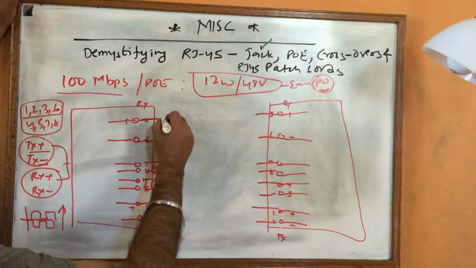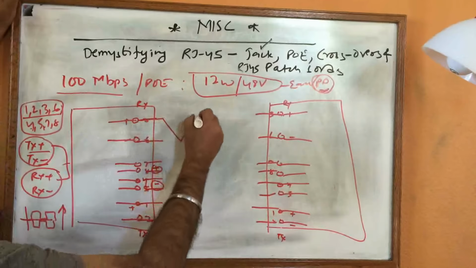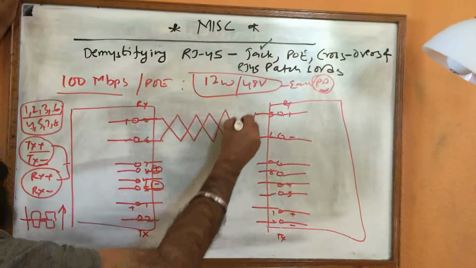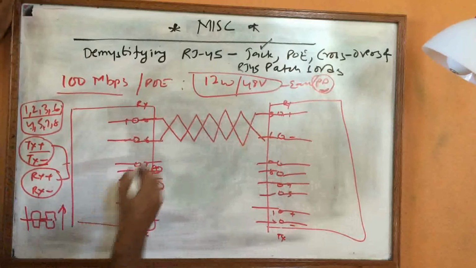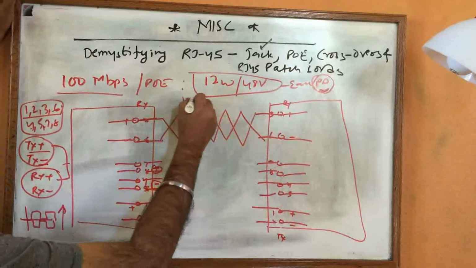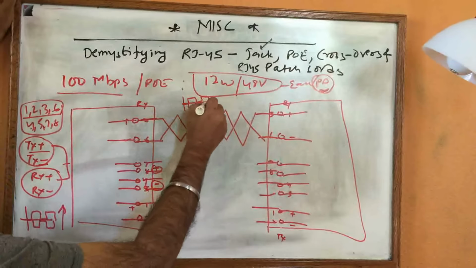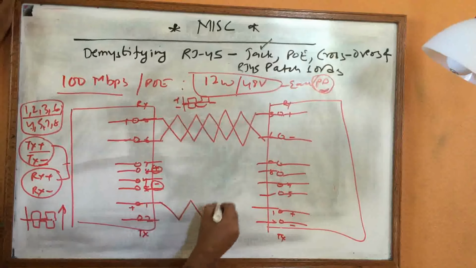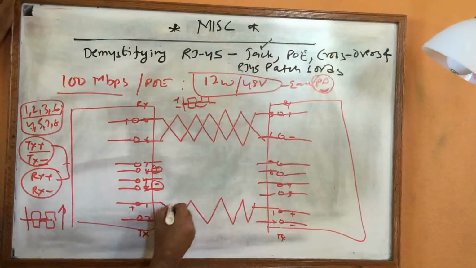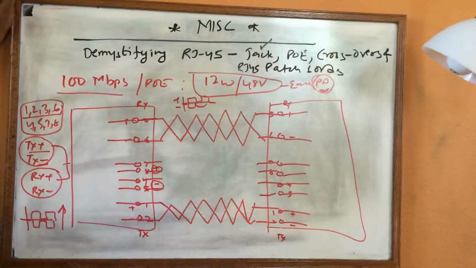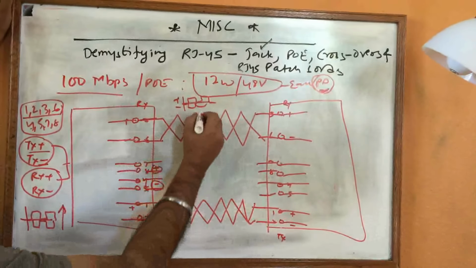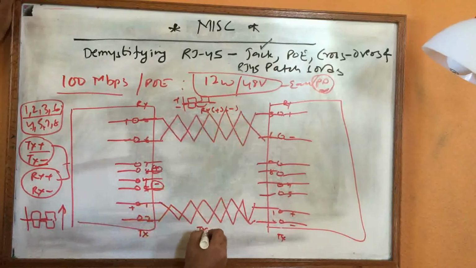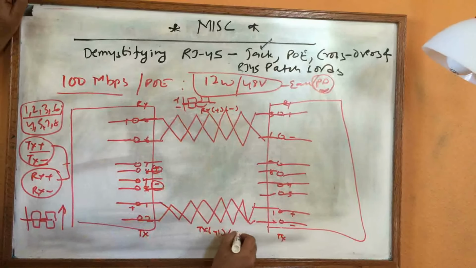This one we are going to do like this for a reason, okay? Which means the same thing, it's a mirror image of the same thing, right? So positive, negative, right? Here also we are going to do the same thing, like that. So which is Rx positive minus, and this is Tx positive negative.